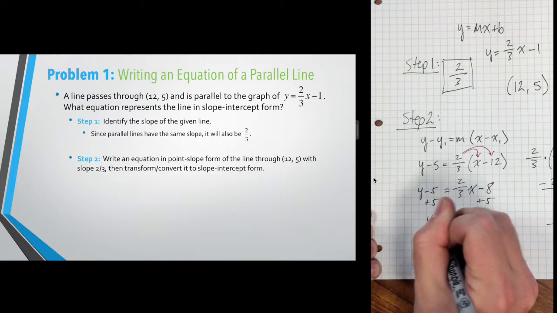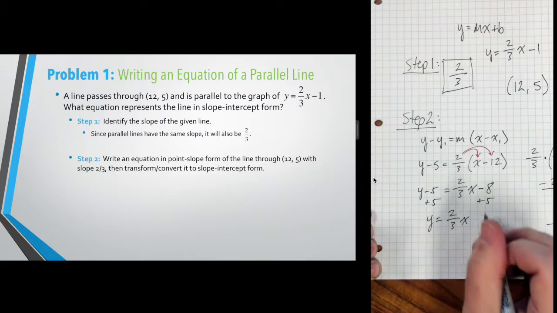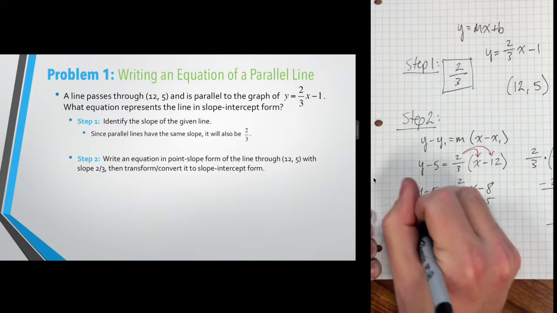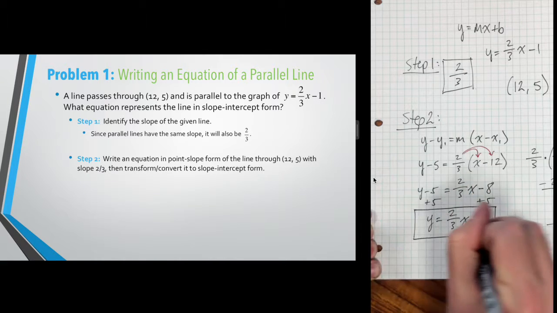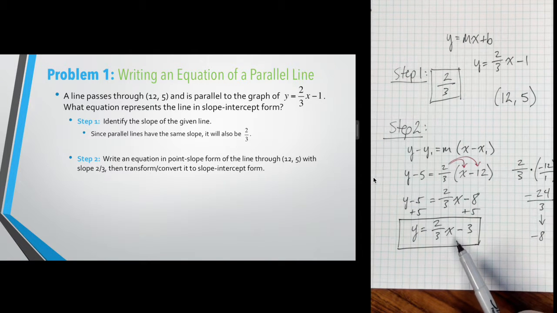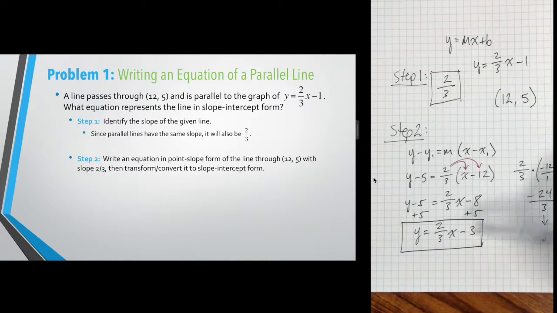And now we have y equals 2/3 x, -8 plus 5 is -3, minus 3. Now we have our answer. Here is the equation of a line in slope-intercept form that is parallel to the problem we were given. The slope is the same, the y-intercept is different.